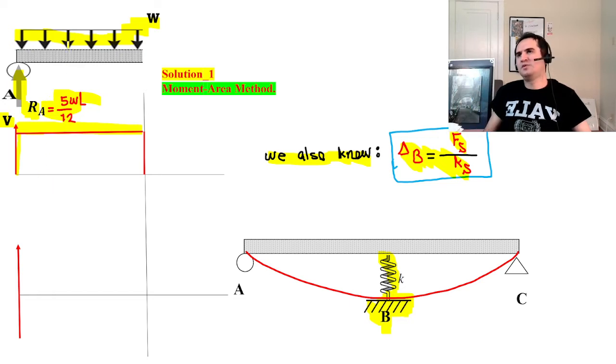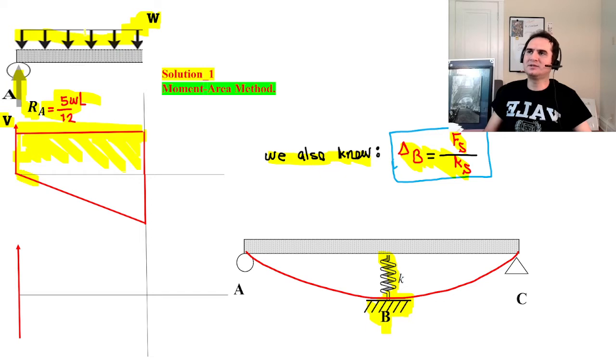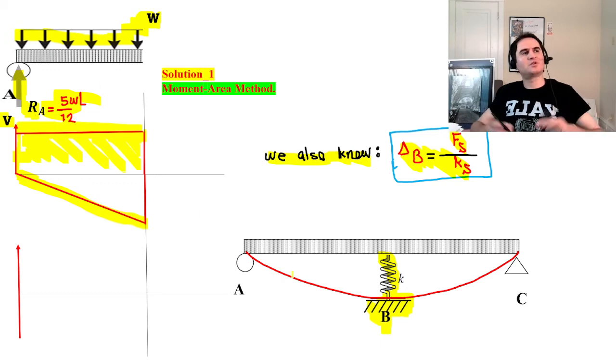If the beam handles only RA, ignoring W, it comes all the way to the center, so we have this area for V. The effect of W, a constant load, goes linear in shear. Instead of combining them, we use the superposition rule to have them separately and add them up together. So that's the shear.